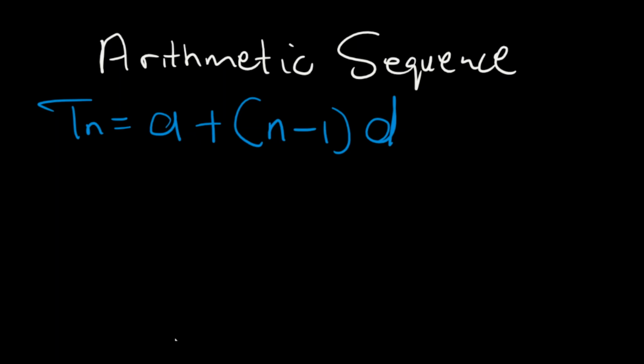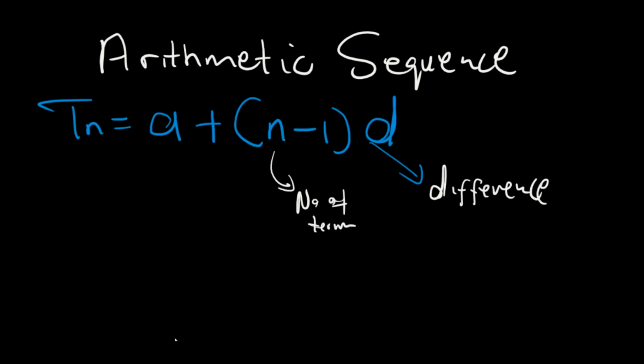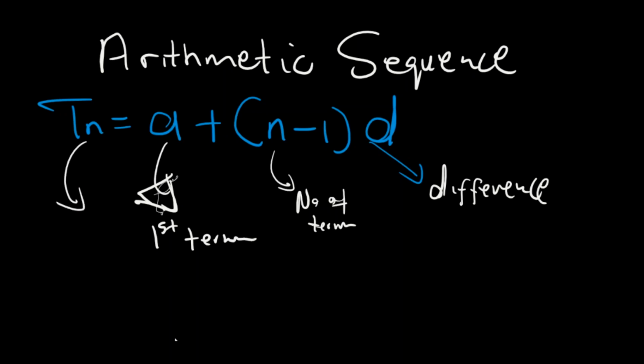Of which the d means the difference, and then the n is the number of the term, and then the a is the first term, right? And then this is Tn basically when you want to identify the term, whether you want to identify term number 1, term number 2, term number 3.